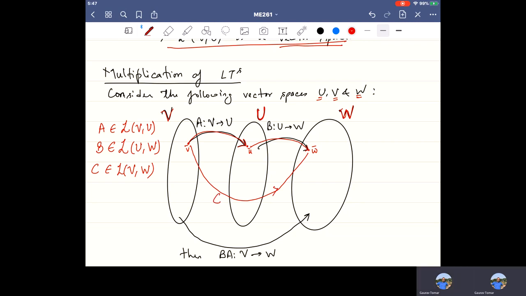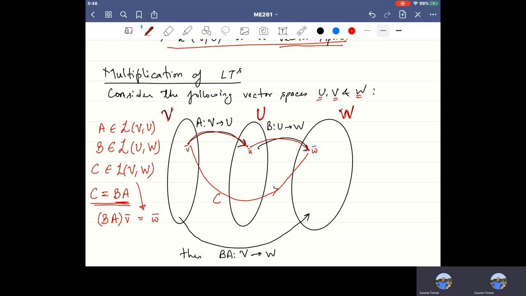So now, if this is the nature of the mappings, then you can say C is nothing but the product of the mappings B and A. The reason why we write it as BA and not AB is the following. The way you write it defines the order of these mappings. So if you have BA, it takes a vector V and gives you a vector W, right? That's what this means.